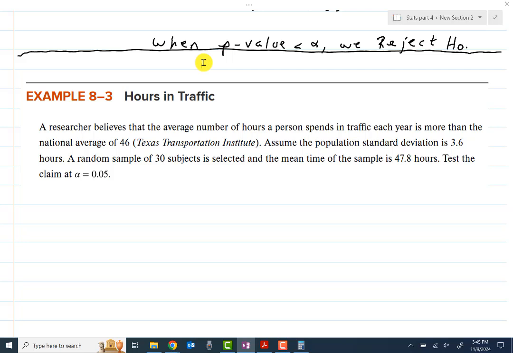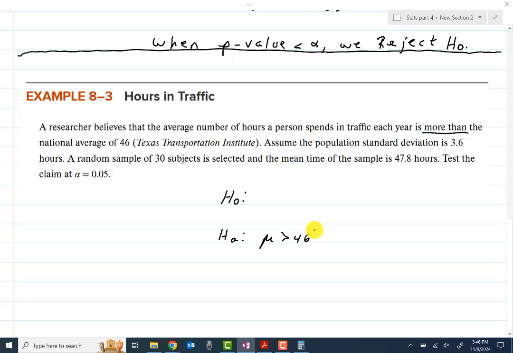A researcher believes that the average number of hours a person spends in traffic each year is more than the national average of 46. They've already used an inequality word, more than. The first thing you usually want to do is set up your null and alternative hypotheses. So the more than, the national average of 46, looks like this: mu is greater than 46.